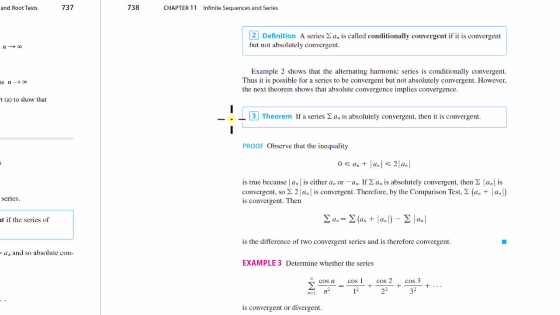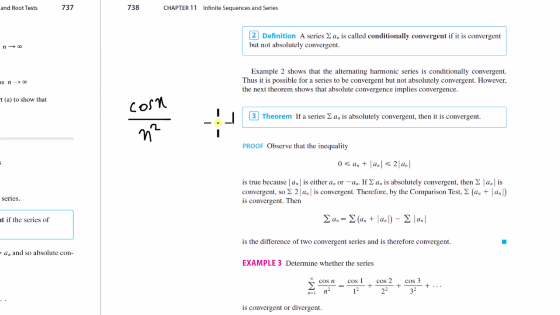Theorem 3. This is very powerful as far as adding to our toolbox to test series, especially when you consider that this applies to cosine of n over n squared. You can use this for any series that has negative and positive terms in it. It doesn't have to be alternating.